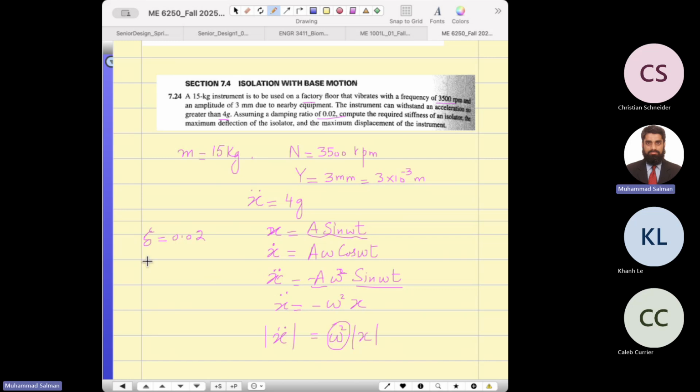So we have to find out the maximum displacement of the isolator and the maximum deflection.